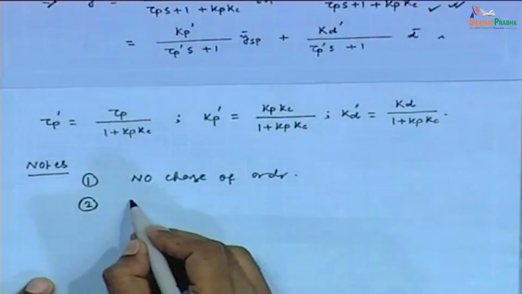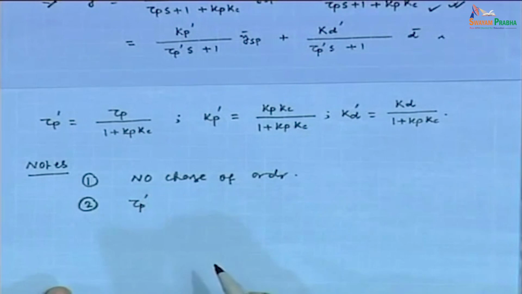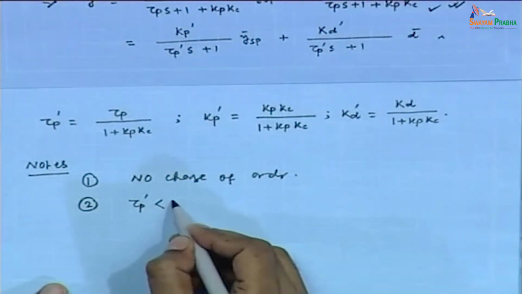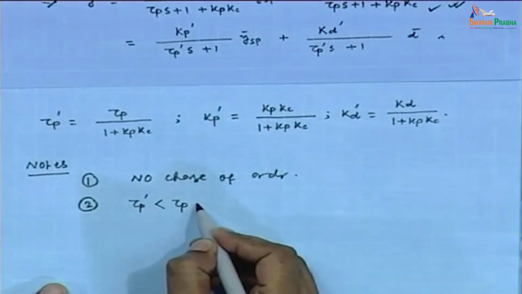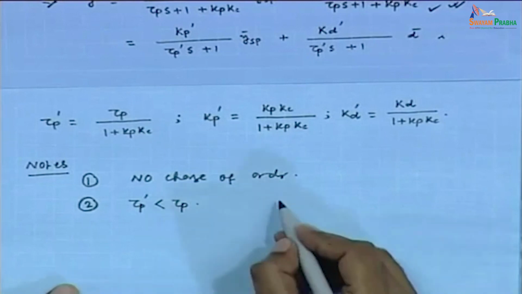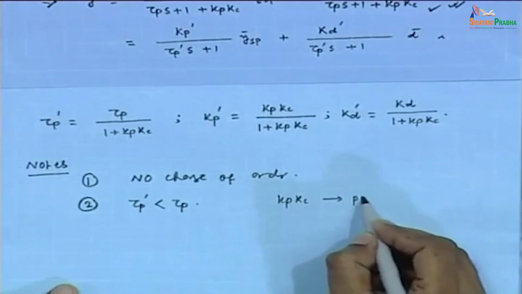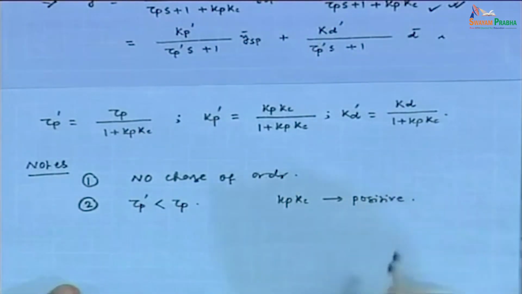Second conclusion can be made based on tau p prime. Tau p prime is less than tau p, and K p K c is always positive, and therefore, tau p prime is less than tau p.